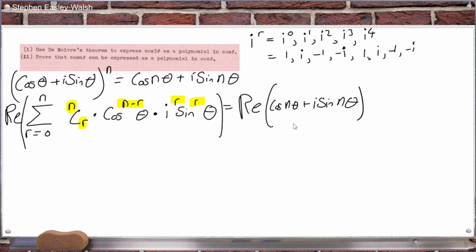The real parts happen when r is 0, or 2, or 4, or 6.